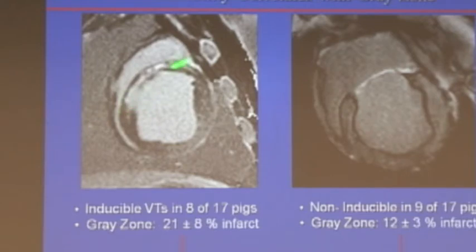If this works out, these would be ideal targets for VT ablation. You just see these areas and bam, you navigate your catheter there and you're done. In these inducible pigs, 8 out of 17 were inducible, and their gray zone was almost twice the size on average as the non-inducible animals.